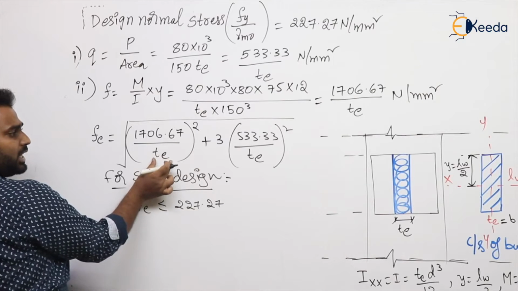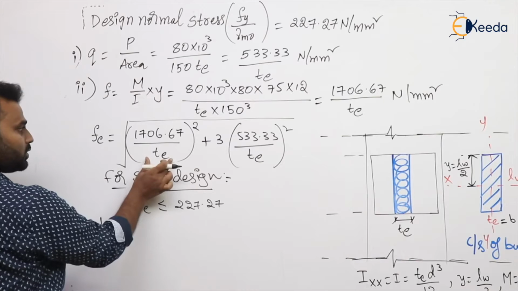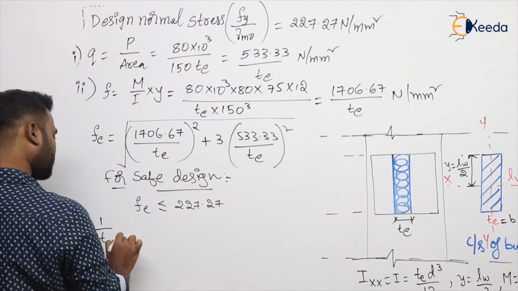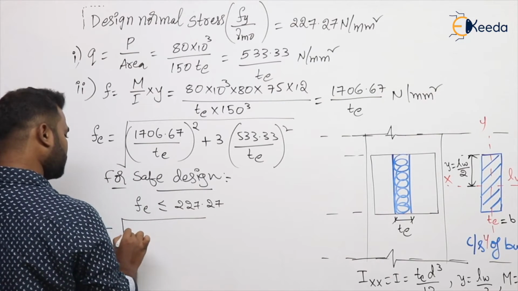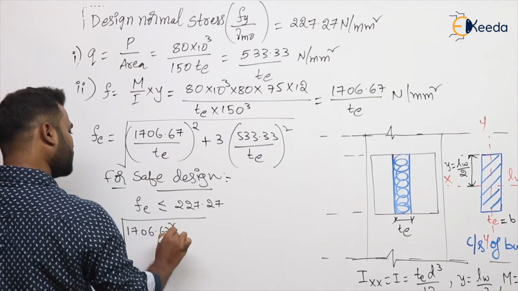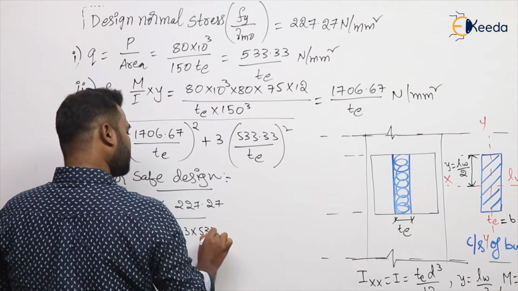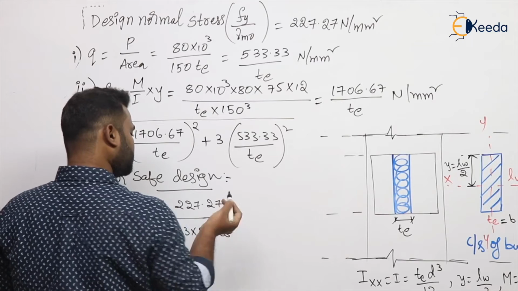Now Fe is this one. In this we can take Te as common, so 1 by Te can be taken out of the total. What is left inside the square root? 1706.67 whole square plus 3 into 533.33 whole square, right?